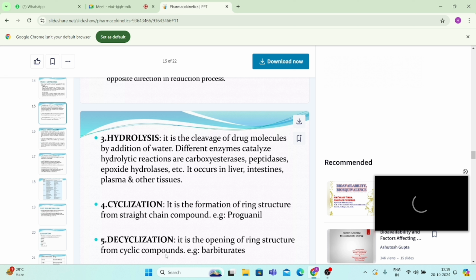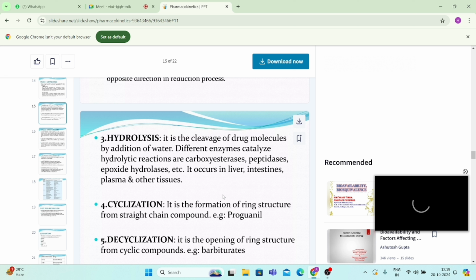So if you cleave a drug molecule by addition of water, definitely it is going to become less toxic. And the enzymes involved in hydrolysis are carboxyesterases, peptidases, epoxide hydrolases, etc. These are the three enzymes.